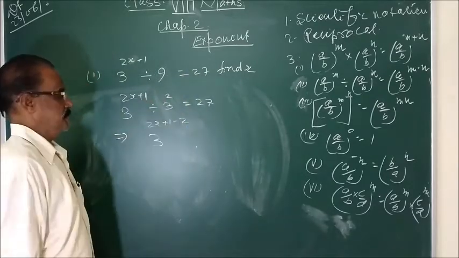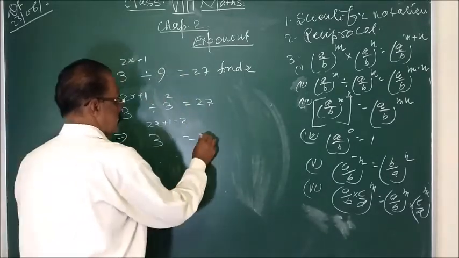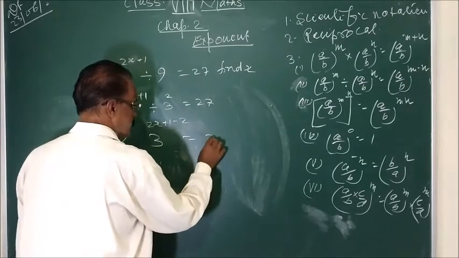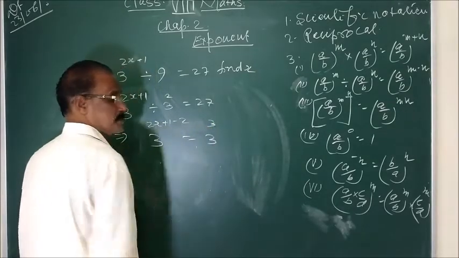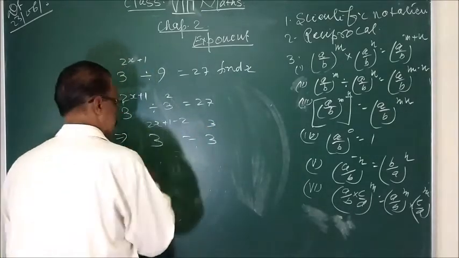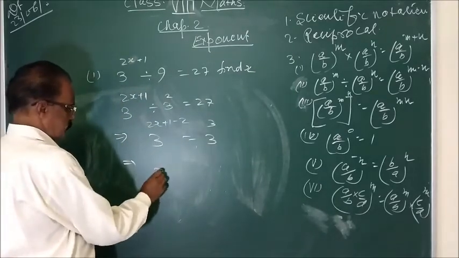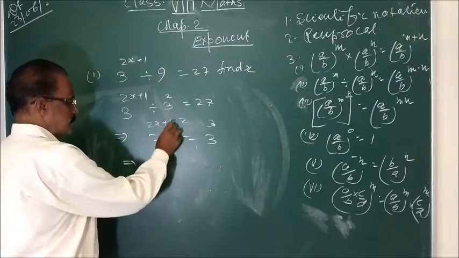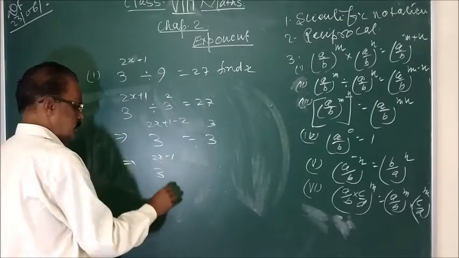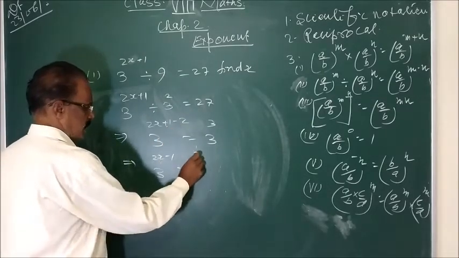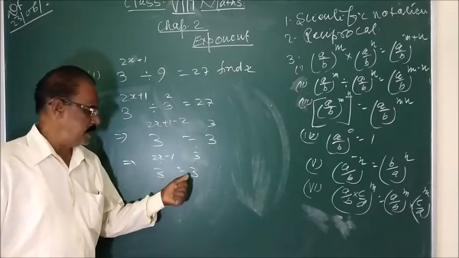Powers are subtracted. And 27, you can write as 3 power 3 in the exponential form. Now you see 3 power 2x plus 1 minus 2, this will be 2x minus 1, is equal to 3 cube. Now important point is here.